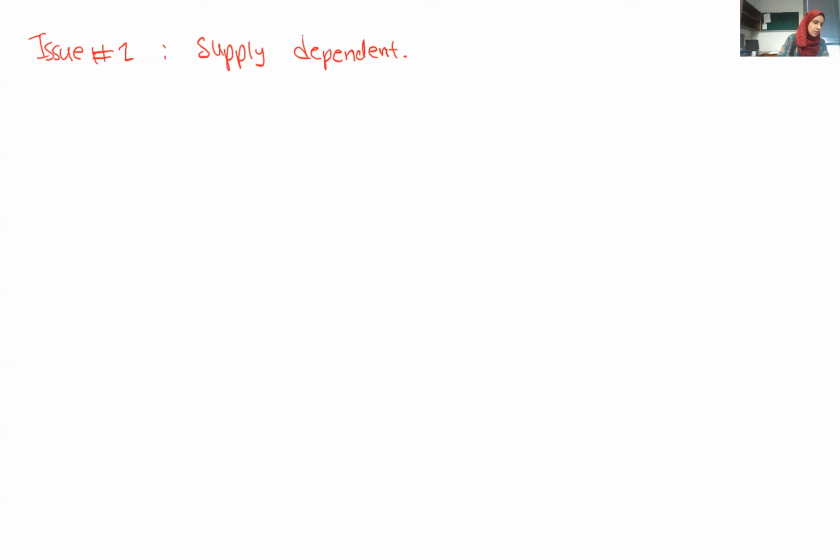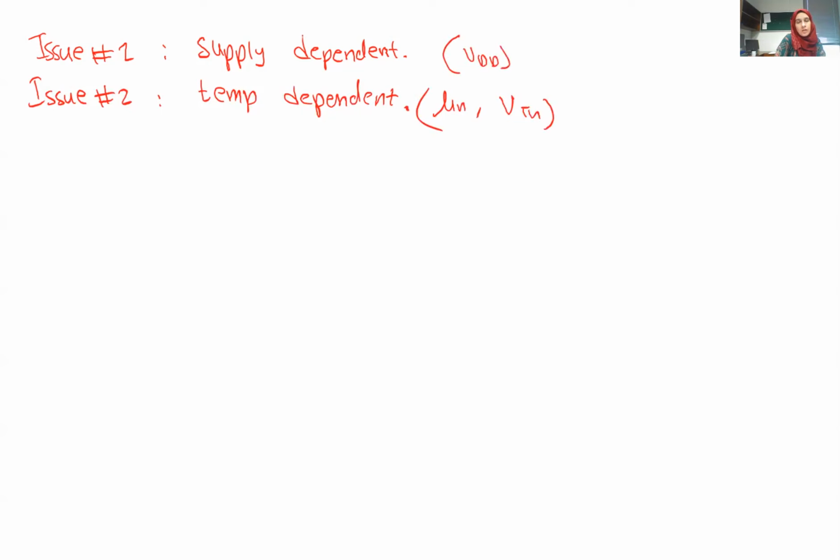Now, there is another issue that can happen. Number two is that they are temperature dependent, which are the mu and the threshold voltage, so they basically change with temperature.